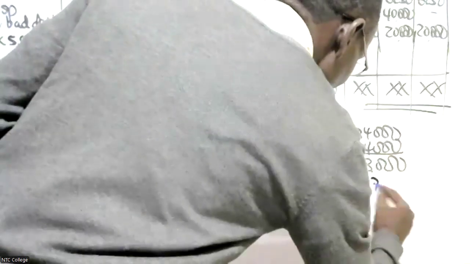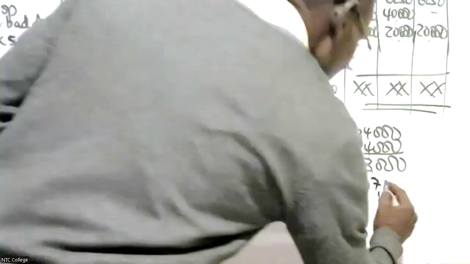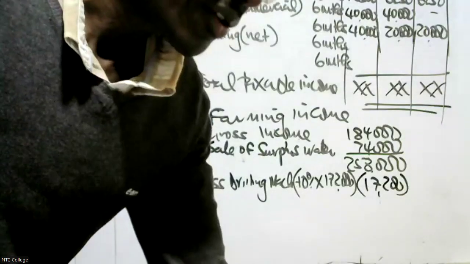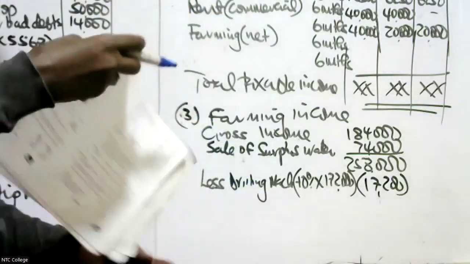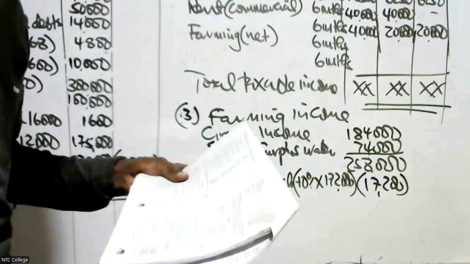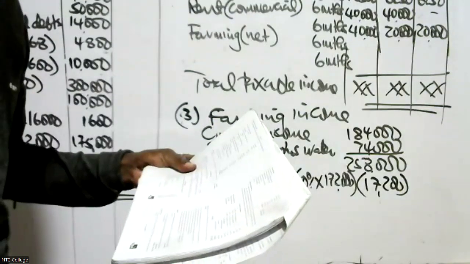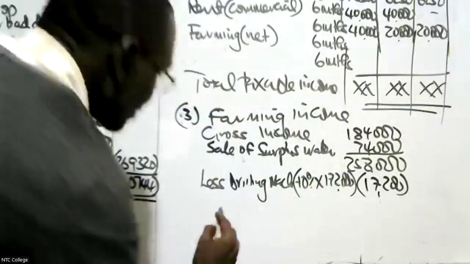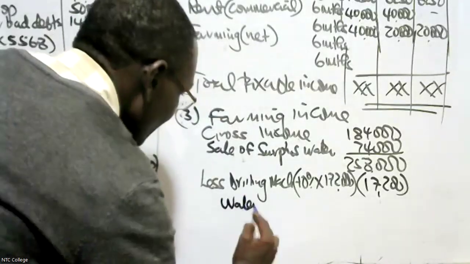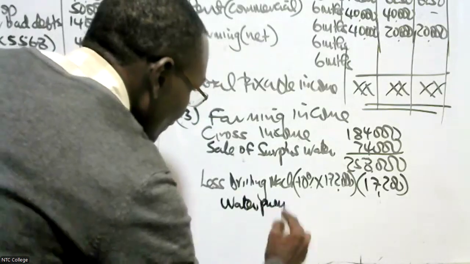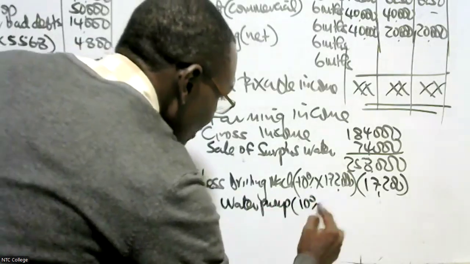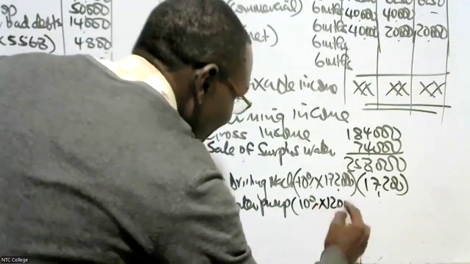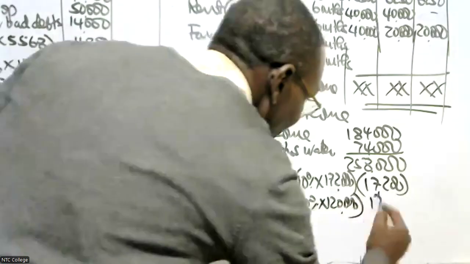So I'll deduct here 17,200 for installation of drilling machinery. Then there's a water pump. The water pump is in note 5, 120,000. 10% of 120,000 is 12,000.